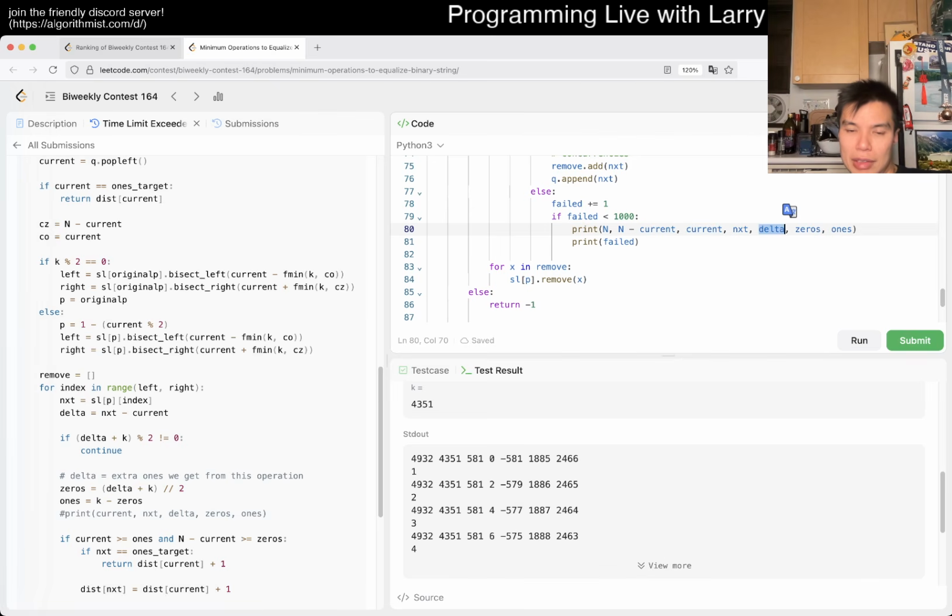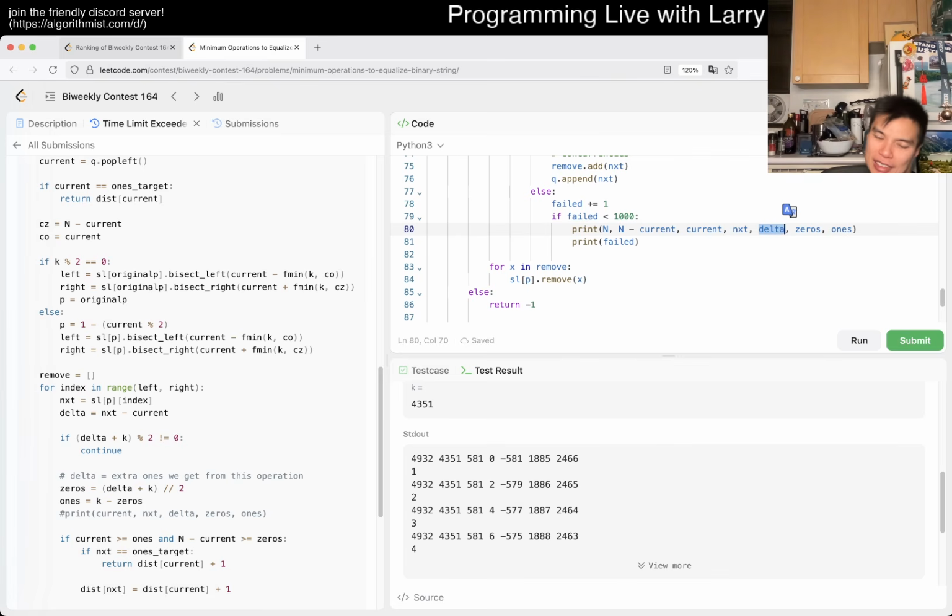The max delta makes sense because we only have 581 zeros, 581 ones. Why am I so bad at this? I can't figure it out. Oh my god.